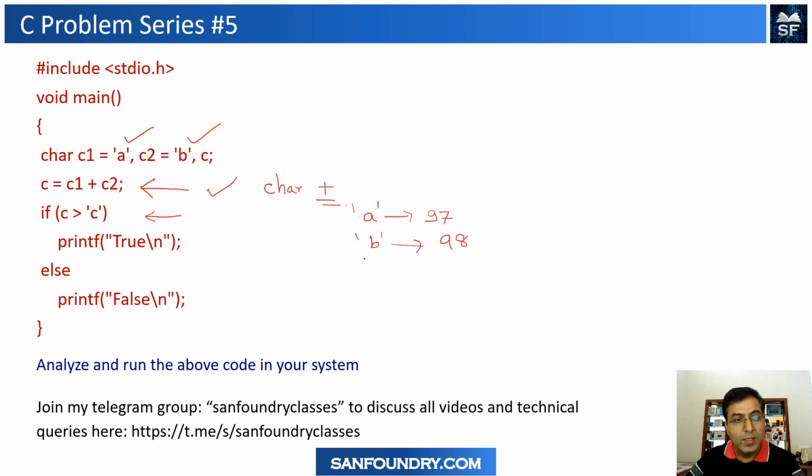What will be the ASCII value for the character C? It will be 99. So we are adding C1 plus C2, and 97 plus 98 is a much larger value than the ASCII value of C. So when you compare, this will be greater, and a lot of people will say that yes, it will print true.